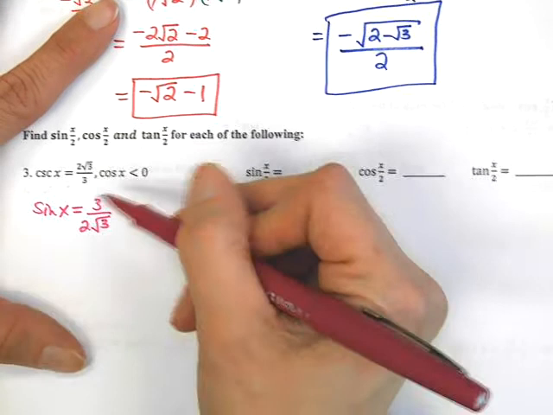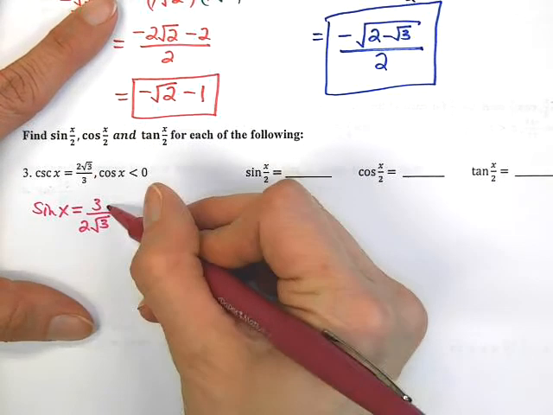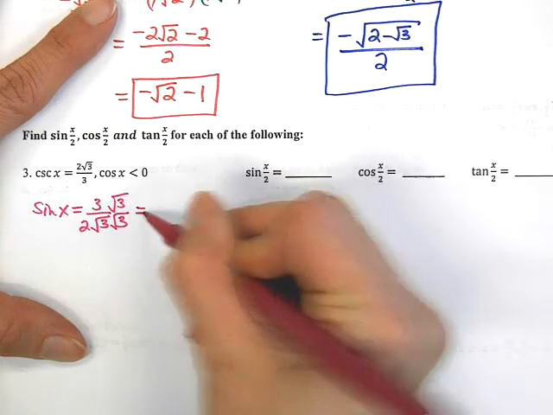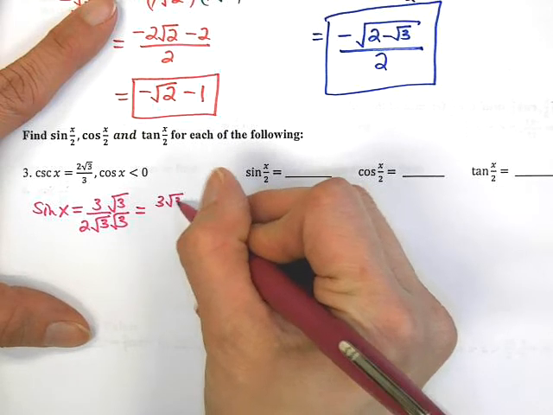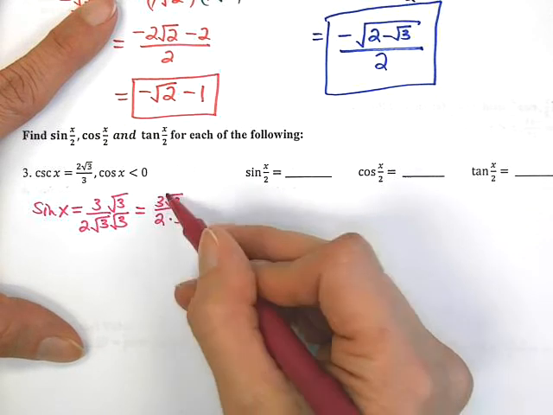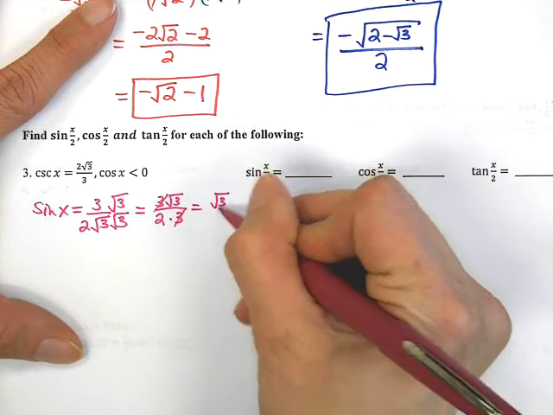Okay, I can rationalize this because this looked like it got rationalized. So if you rationalize again, it actually simplifies. We have 3 radical 3 over 2 times 3. Cancel, cancel. So we have radical 3 over 2.